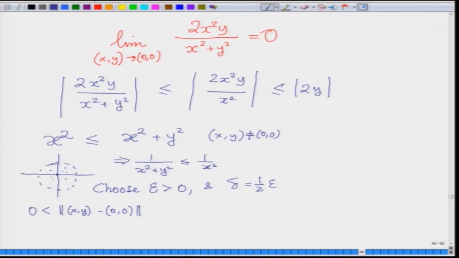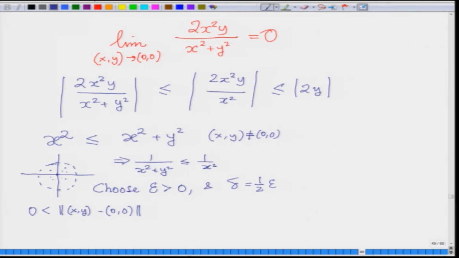If x is 0 and y is non-zero, the function value is 0 anyway, it is 0 by y square, which is 0. So, if you approach along the y axis towards 0 0, and your y is some fixed value and your x is anyway 0, your function value is anyway 0.